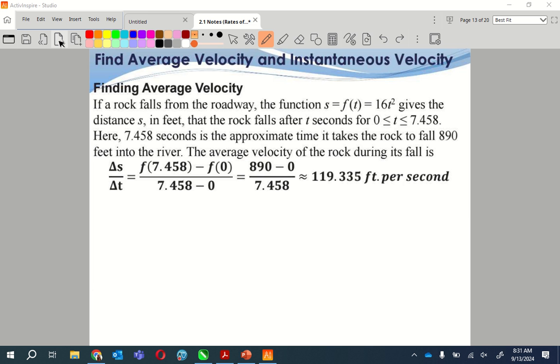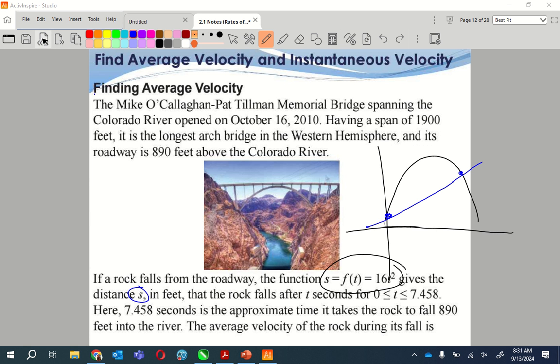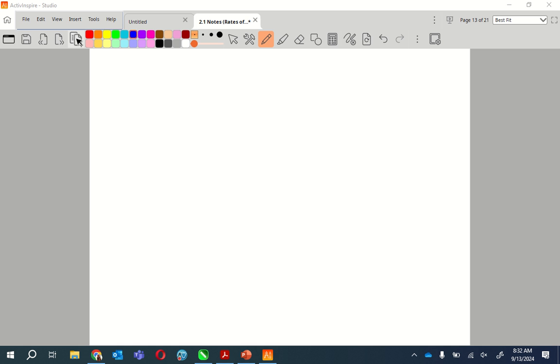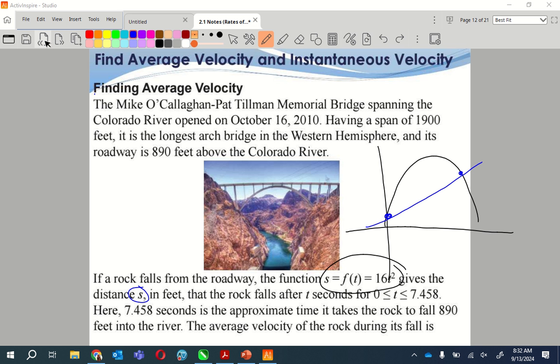Let's write out all my information. My function was 16t squared, right? And how high is it? 890.